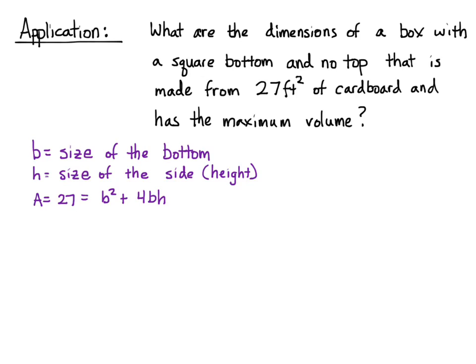And then the bottom, if I look at this thing down here, is going to be B times B, so B squared. Okay, so here's the volume, then. The volume is B squared H.